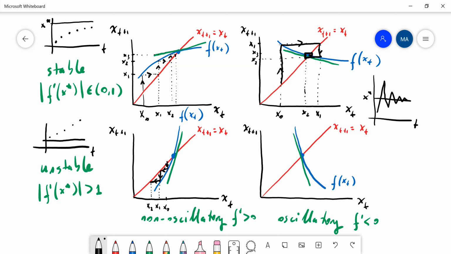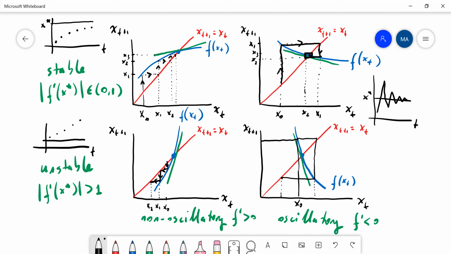Against time. And here, let's say you start at this point. This is x0. Then you have x1 here, right? Then you have x2, and that is here.